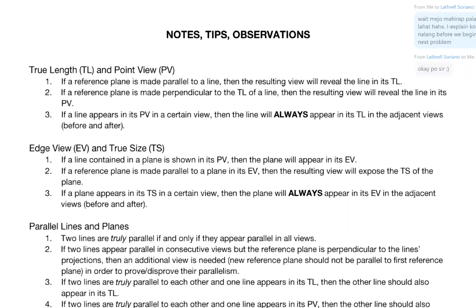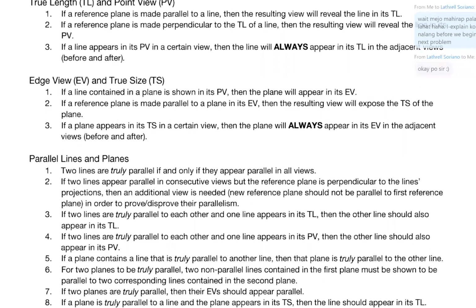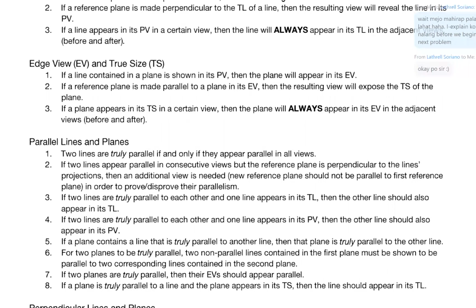So kunwari, true length. If a reference plane is made parallel to a line, then the resulting view will reveal the line in its true length. Tapos I'll use terms like truly and apparently parallel, para distinguish yung difference between being just a relationship between one view lang and a true relationship in space.